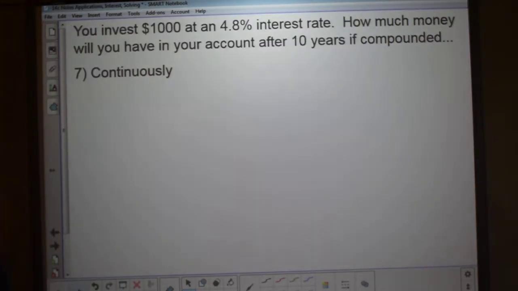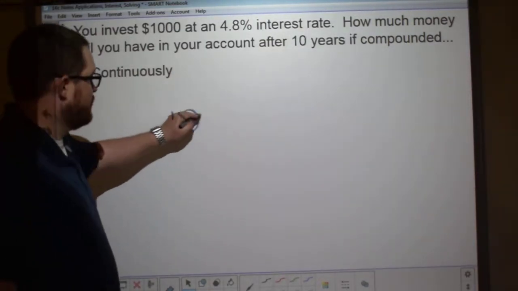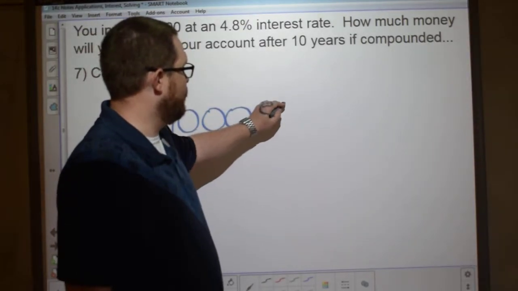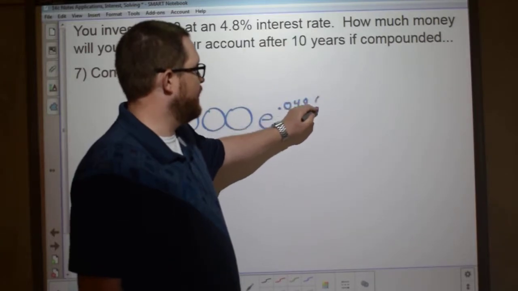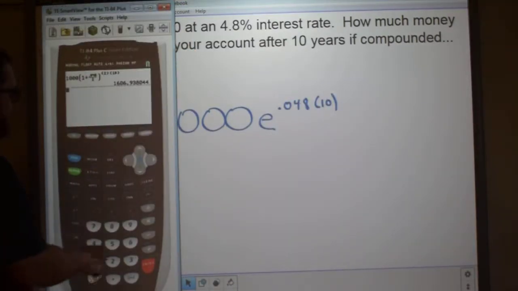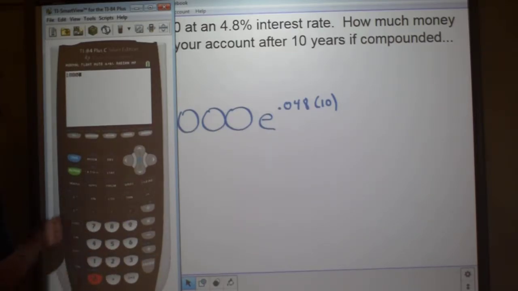So, I still have $1,000 in my bank account. E, the rate is 0.048, and the time is 10. How do I type that in the calculator? Well, there's an E button on your calculator. So I do 1,000, E raised to the 0.048 times 10.